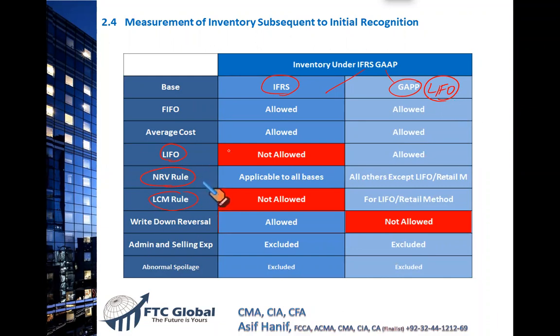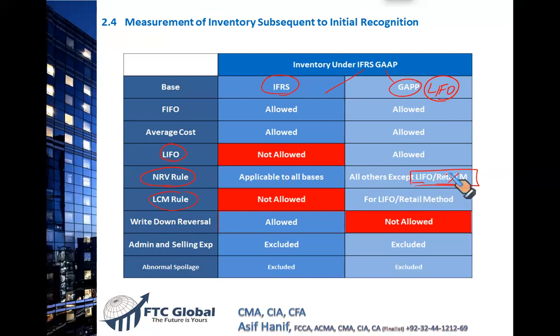So the NRV rule is applicable under all bases under IFRS. What is NRV? I will explain just a little while later. Whereas in US GAAP, NRV is applicable in all bases other than LIFO and the retail method. For LIFO and the retail method, these two unique methods, the retail method is not in your syllabus, so we'll only discuss LIFO.